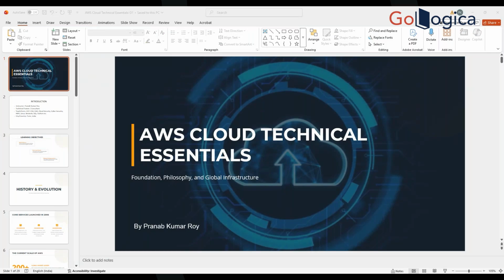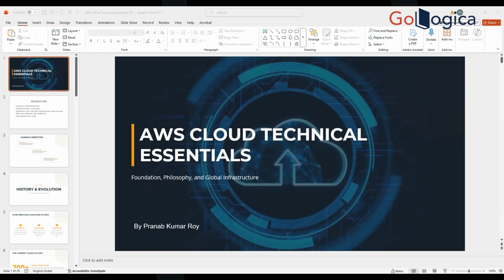Now, the current scale of AWS: they have more than 200 fully featured services available for their users. Global market leader, definitely AWS is leading the cloud providers. It provides a highly reliable, scalable, and low-cost infrastructure platform in the cloud that powers hundreds of thousands of businesses in over 190 countries across the world.